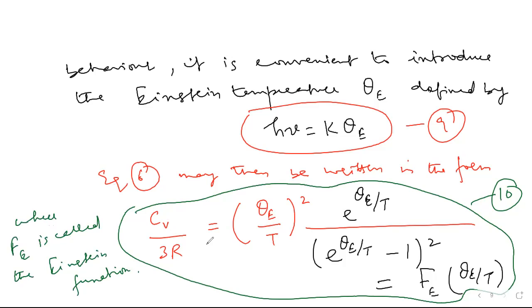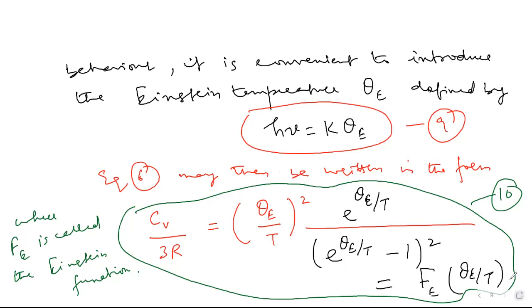It gives you CV by 3R ratio. That means it determines the ratio of the molar heat capacity at constant volume to the classical result. It gives you the ratio of that to the classical result of 3R, the ratio CV by 3R.